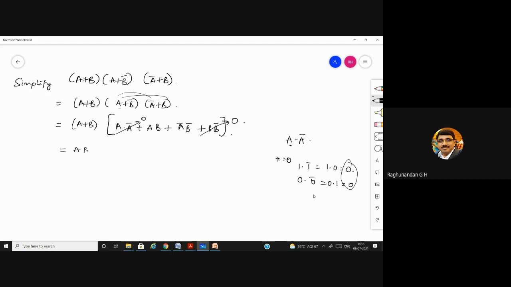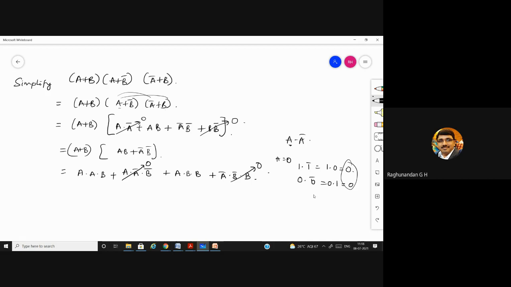Next is (A plus B) into (AB plus A bar B bar). Again, we'll multiply them: A into B, plus A into A bar into B bar, plus A into B, plus A bar into B bar into B. According to the duality property, we have A into A bar is equal to 0, and B into B bar is equal to 0.